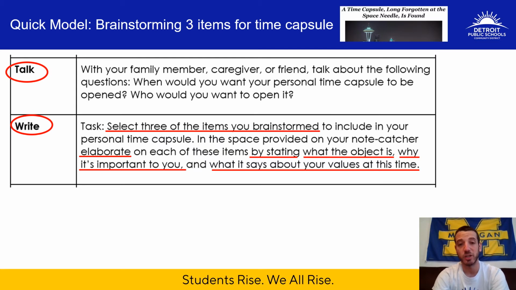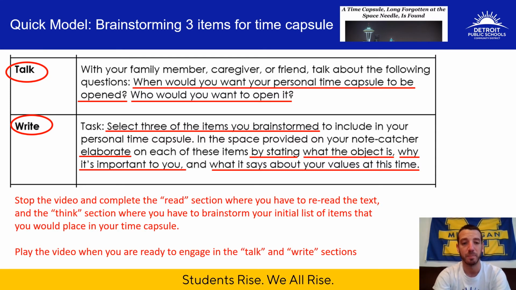But then in the talk section, you also have to answer these questions: when would you want your personal time capsule to be opened, and who would you want to open it? So I'm going to model for you today the writing section, and I'm going to give you 3 items that I would put in my time capsule, answer those questions under the writing section, but also answer the questions under the talk section, because it may be helpful for you to see a model before you talk about those questions with someone.